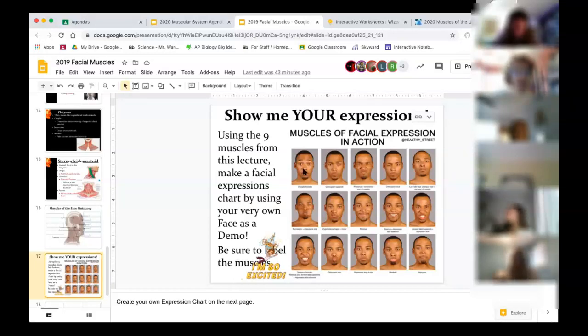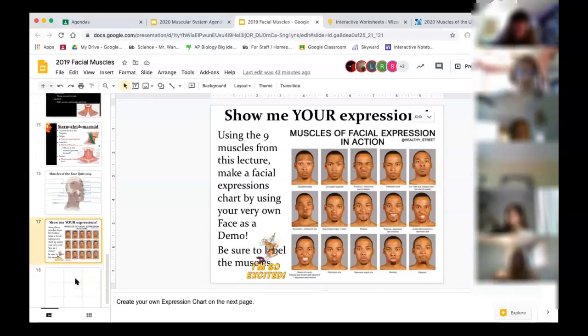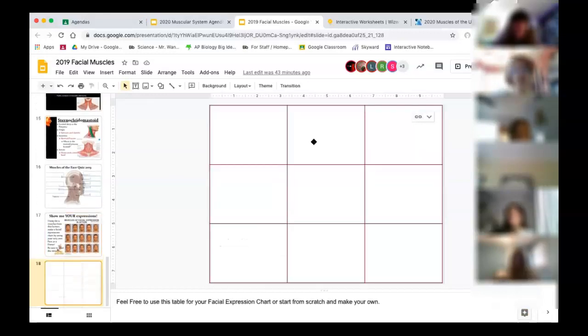So you're going to make a picture, and if you could exaggerate these, you know, like I can really tell your eyebrows are raising, and then you can label that with like the frontalis muscle, because that's which muscle would do it. So the next slide, I created just a blank table for you, so you can make your faces in any order you want or show your actions, and then label it with the muscle that's producing the action that you're showing me, okay?